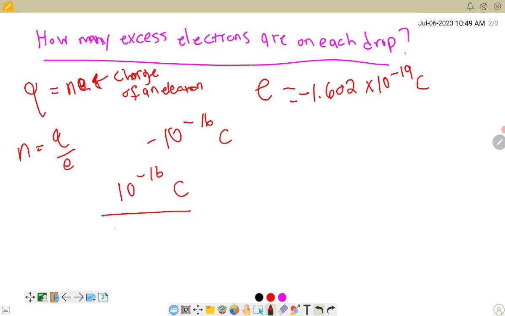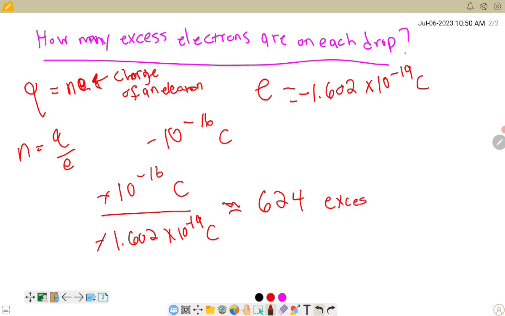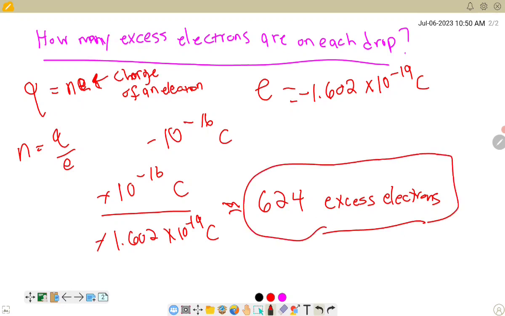Obviously we have an excess charge of negative 10 to the minus 16th coulombs, and the charge of an electron is negative, so we have negative 10 to the minus 16th and negative 1.602 times 10 to the negative 19th, where the negatives cancel, and the coulombs cancel too. So we end up with approximately 624 excess electrons.